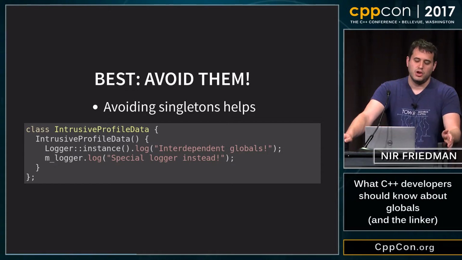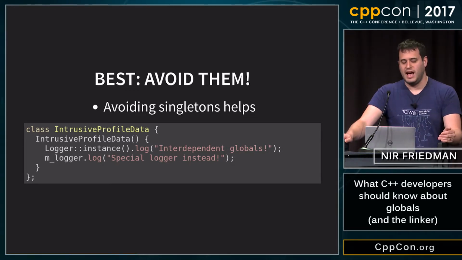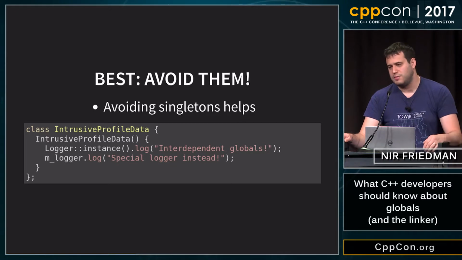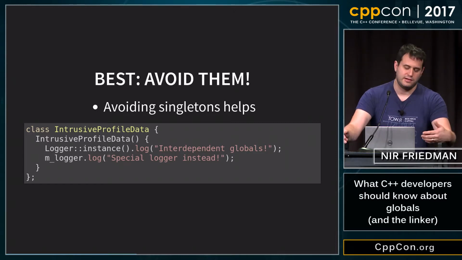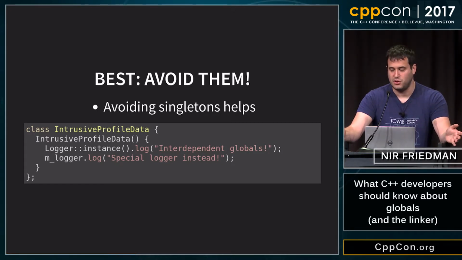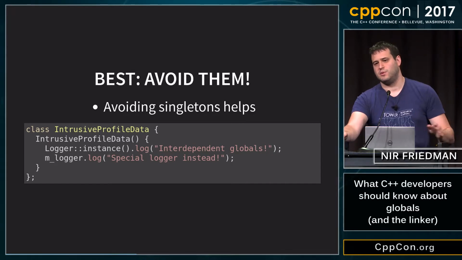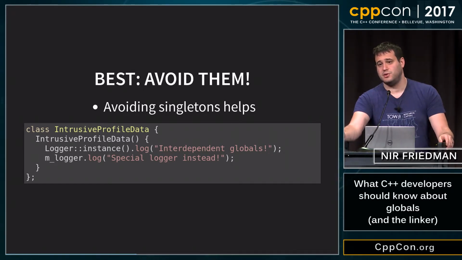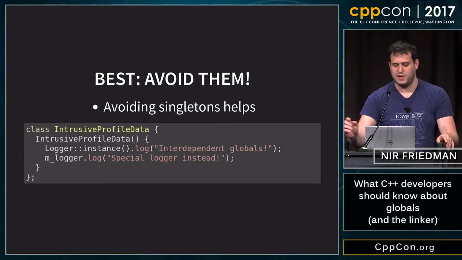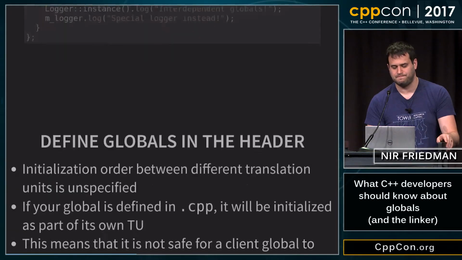Another option is you could just take the logger class and say, well, because this intrusive performance data is itself a global, it's special. I'm just going to give it its own logger instance, and that may or may not be OK depending on your use case, but it just completely removes that dependency. So now you'd have one logging file for your main program, and a different one for your intrusive profiler. In many situations, that's OK, and that really actually makes things simpler.